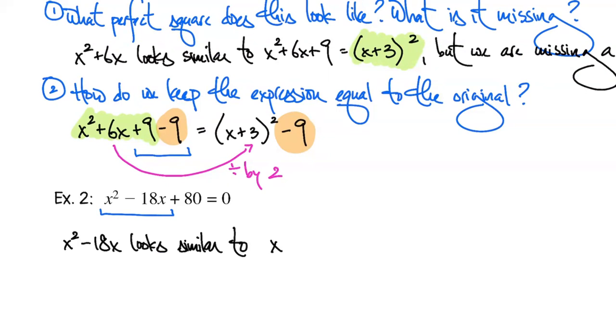And before we get there, x squared minus 18x plus 81, which is x minus 9 squared. So x minus 9 squared is the same as that perfect square. And it's what x squared minus 18x looks most similar to.